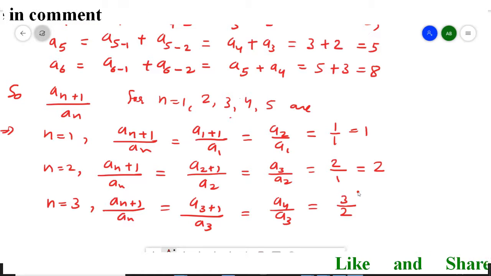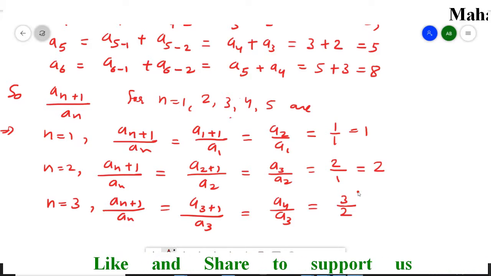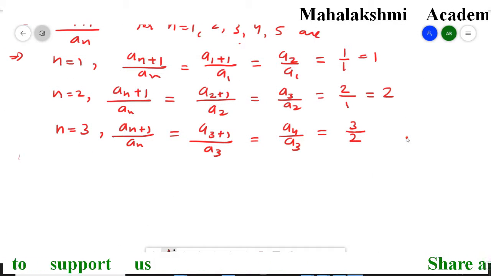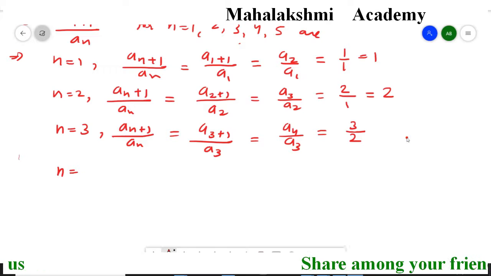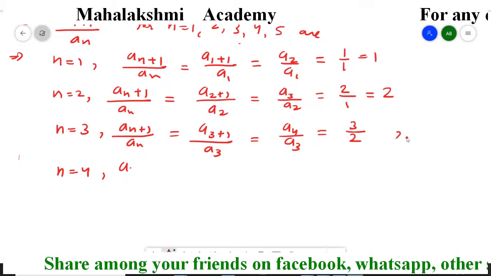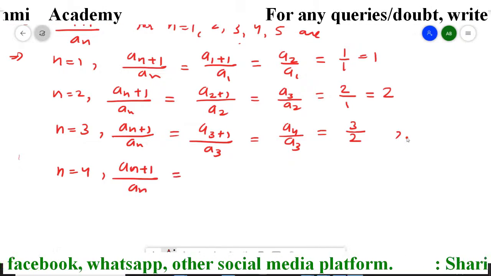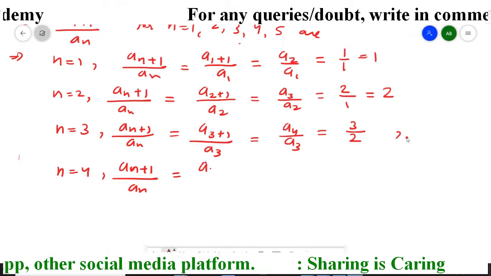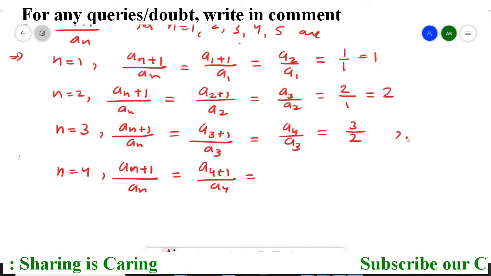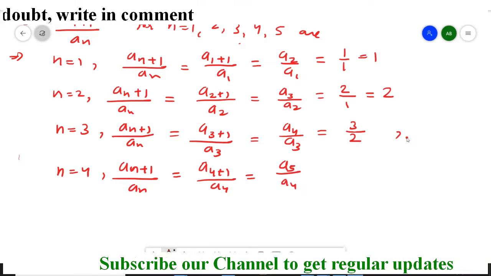Now we are going to calculate for n equal to 4. a_{n+1} divided by a_n is going to be a_{4+1} divided by a4, which is equal to a5 upon a4.